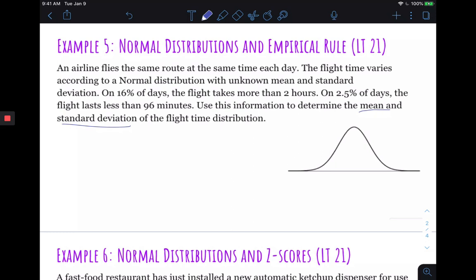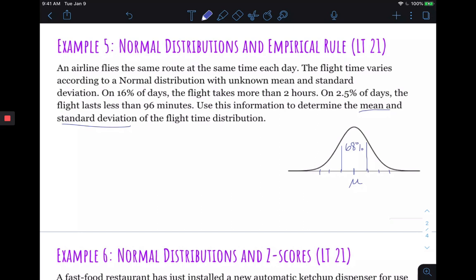Okay, so I already have this normal distribution curve here. I'm going to mark a little mark for the mean, and then I'm just going to go ahead and make marks for 1, 2, and 3 standard deviations above and below the mean. So I'm using the empirical rule, and I know that 1 standard deviation away from the mean, above and below the mean, is 68%.